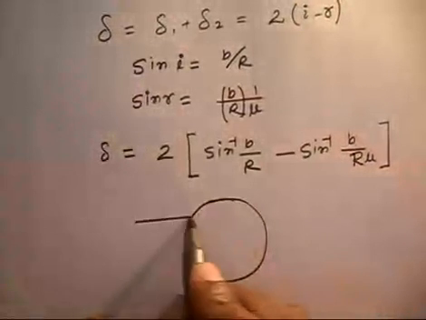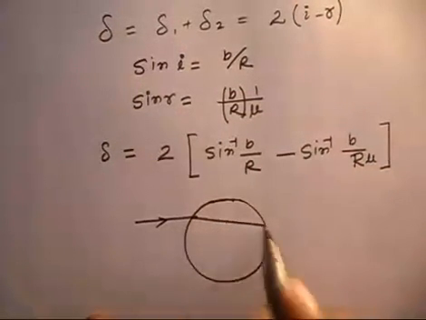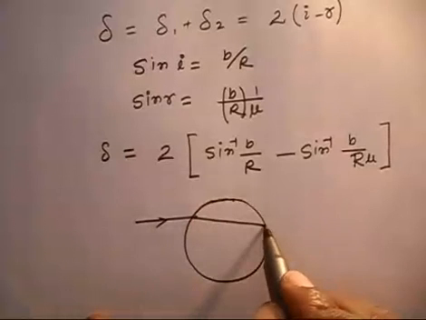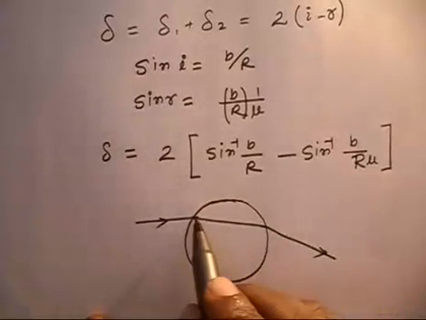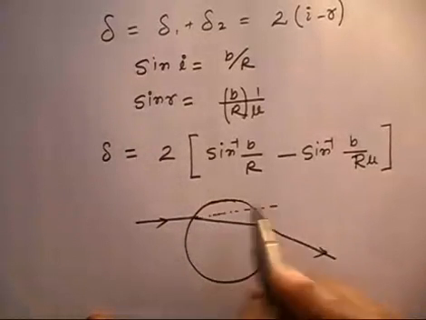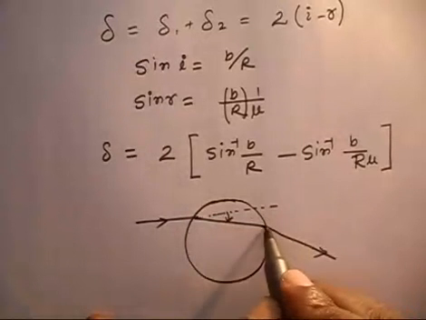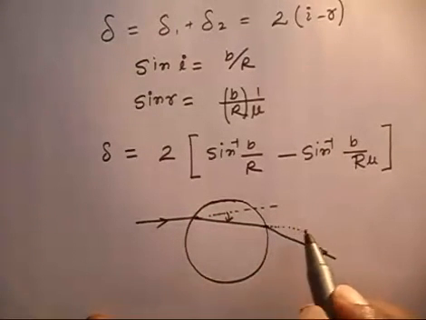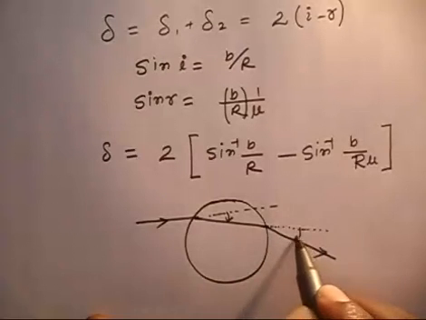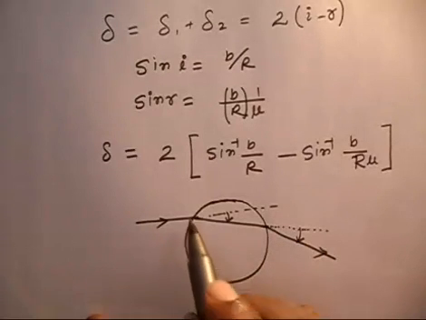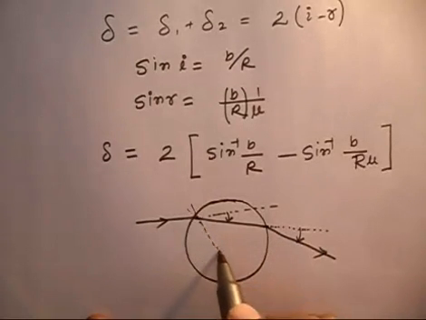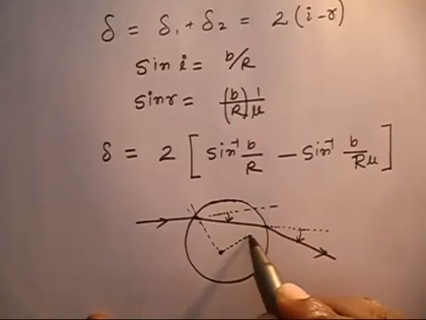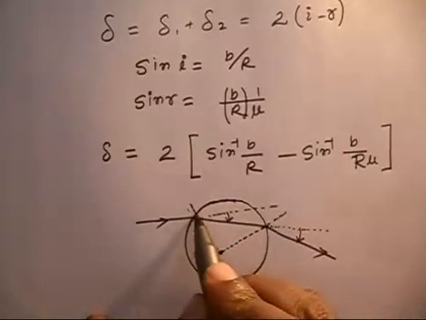So you have to think something like this: first refraction, second refraction, and then on this side it will go something like this. If it has gone something like this, this is the delta 1 I am calling. If it has gone something like this, this is delta 2. Now here I have the center, and this is my normal.